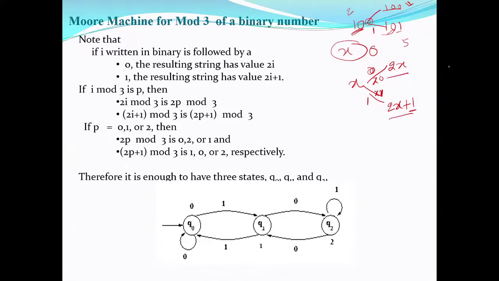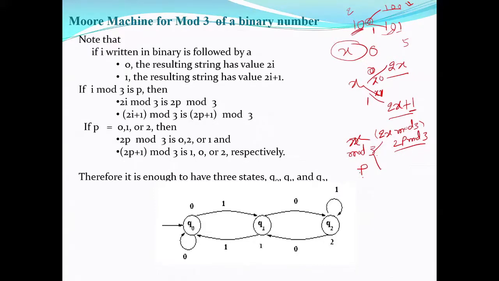Then, if there is a number x whose mod 3 is p, then 2x mod 3 will be 2p mod 3. How this is designed is number theory, and it is out of our scope. So if the number is x and x mod 3 is p, then 2x mod 3 will be 2p mod 3.